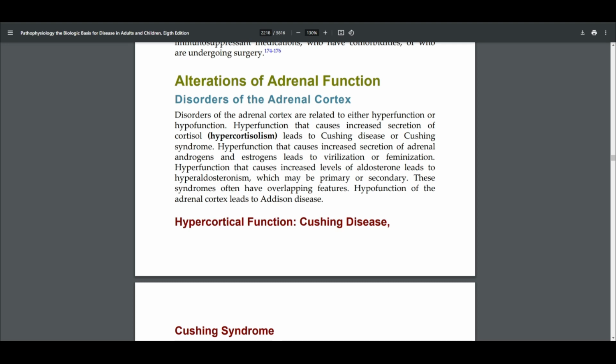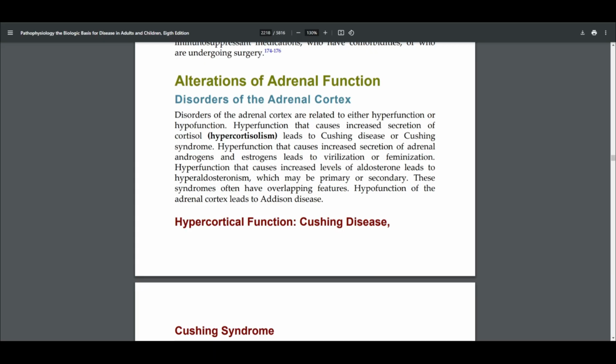Hyperfunction that causes increased secretion of adrenal androgens and estrogens leads to virilization or feminization. Hyperfunction that causes increased levels of aldosterone leads to hyperaldosteronism, which may be primary or secondary. These syndromes often have overlapping features. Hypofunction of the adrenal cortex leads to Addison's disease.